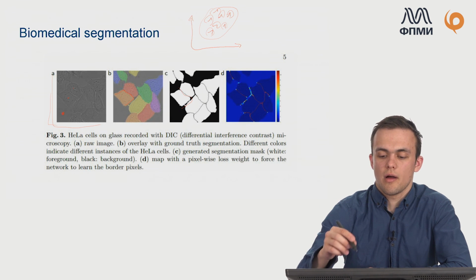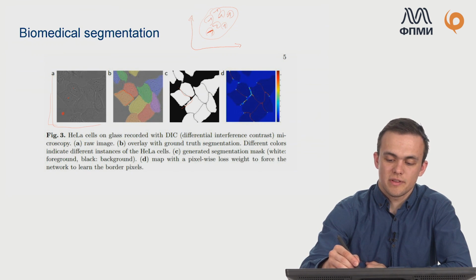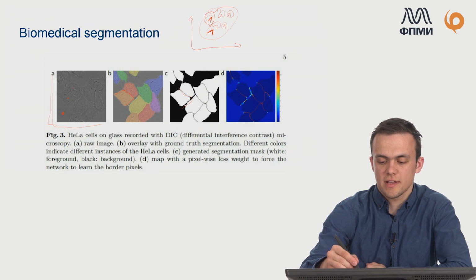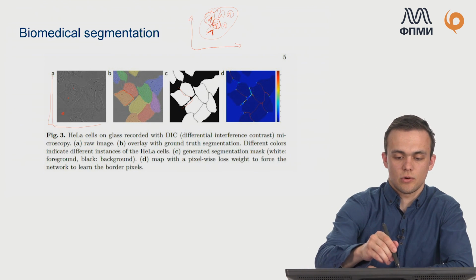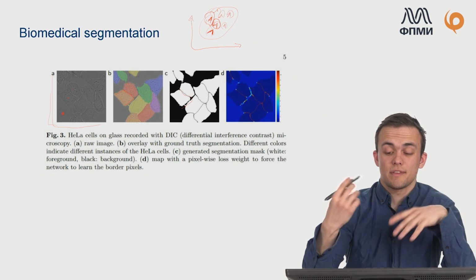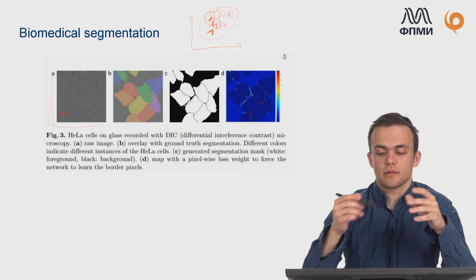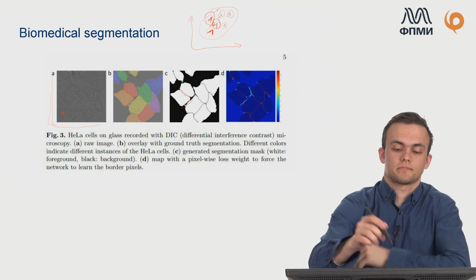But object detection and panoptic segmentation determine this is one bird, this is the second bird, and it's distinct from others. This is the third bird, and it's distinct from others. So you will differentiate between objects. And the current state of the art solves the task of panoptic segmentation.